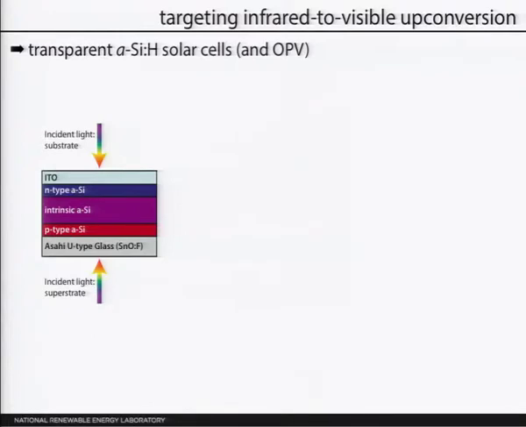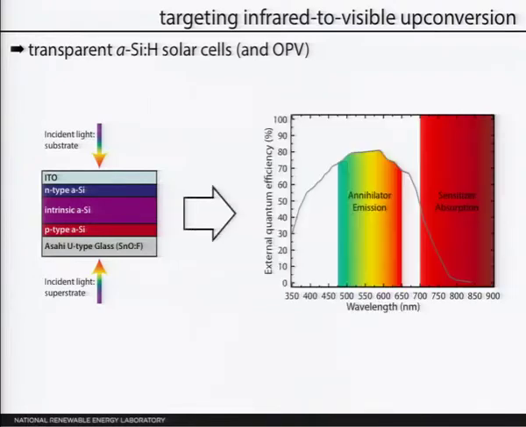So now I've shown you how we've been targeting high enough concentrations to enhance the upconversion yield. I'm going to talk a little bit about some of the systems we've been developing to target infrared to visible upconversion. And these are focused on amorphous silicon devices, but this approach is also applicable to a lot of OPV devices.